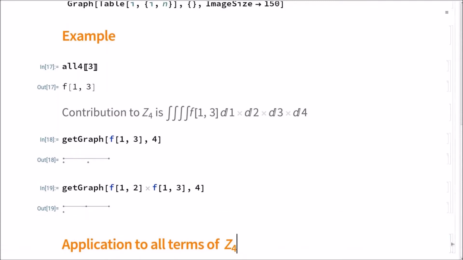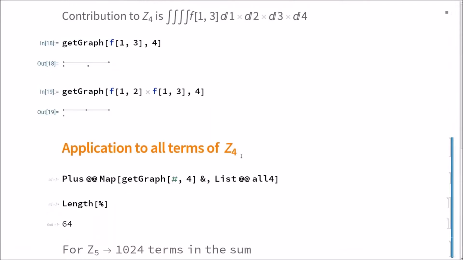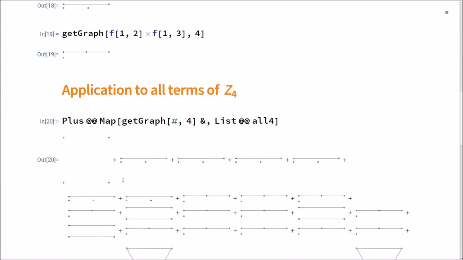And we are not only doing this for one single diagram, we want to do this for all. So we take all these diagrams, make the summand list, and then apply the transformation which makes our diagrams to all the elements in the list, and again apply the plus on the resulting list.